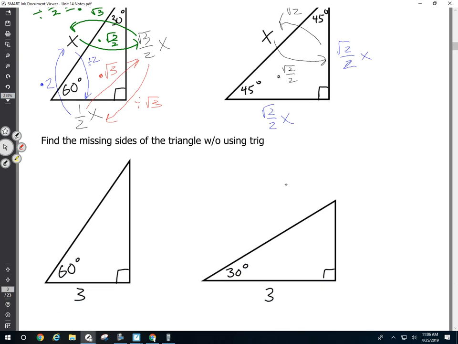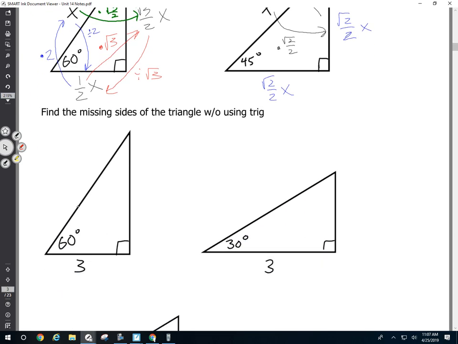Here are two 30, 60, 90 triangles. Here's the taller 30, 60, 90 triangle. If I give you the short side's length 3, you can find the hypotenuse and the longer side very quickly. Let's think about it. If I went from 1/2 to 1, what do I do? Multiply by 2.